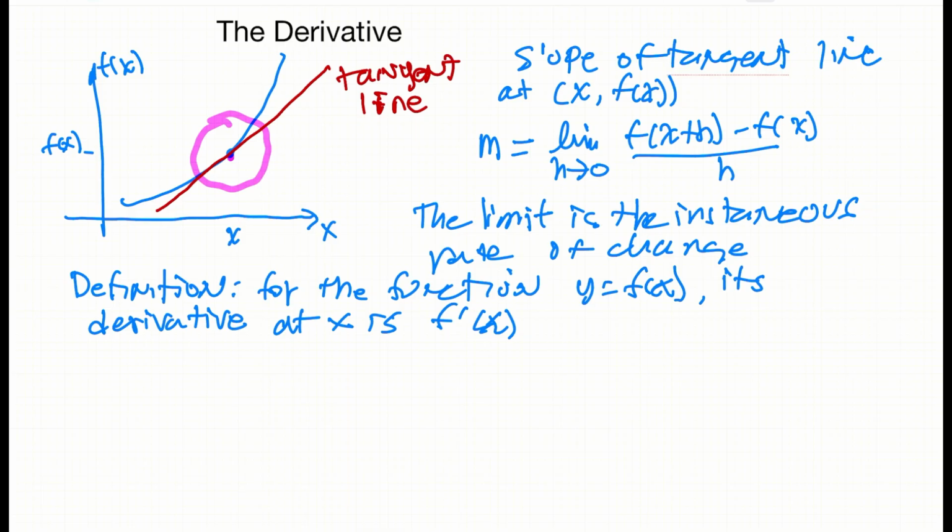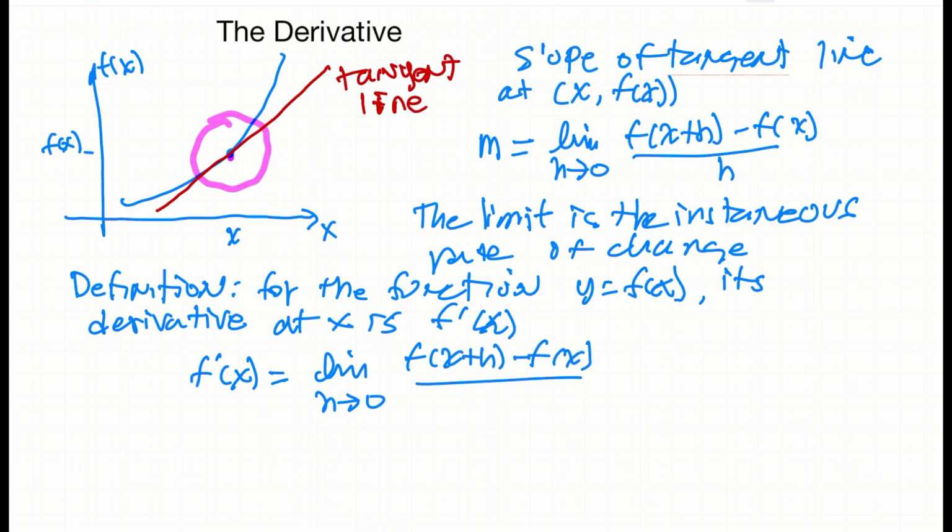Let's write that as a formula here. f prime of x is equal to the limit as h goes to 0 of f of x plus h minus f of x, divided by h. And this is basically just going to be our slope of the tangent line.